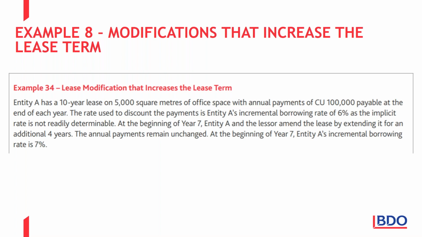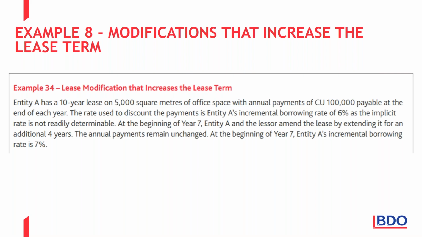So in example 8, I thought let's look at a modification that increases the lease term. In this example, entity A has a 10-year lease on 5,000 square meters of office space with annual payments of 100,000 payable at the end of each year.